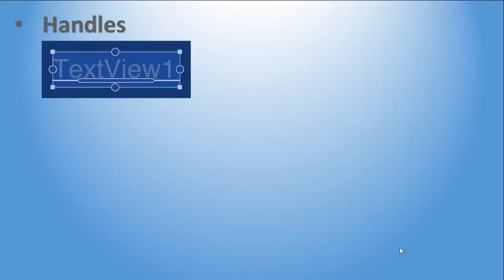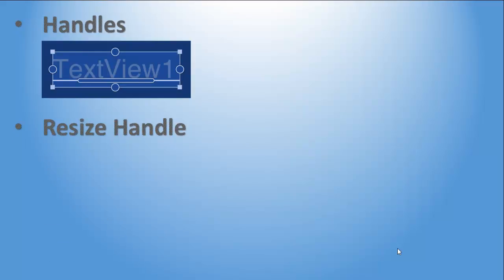This is somewhat newer: you would be having a blueprint view next to this particular design view. When we go to the demo, you would understand it clearly. So this is the blueprint view of text view 1.